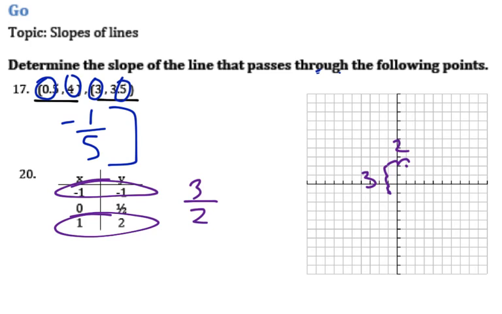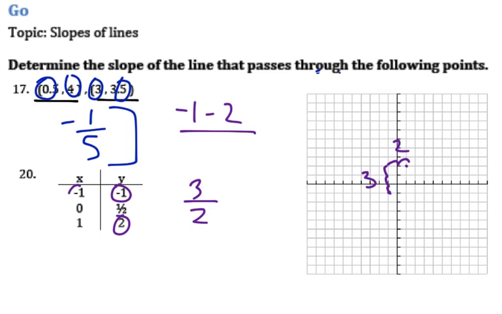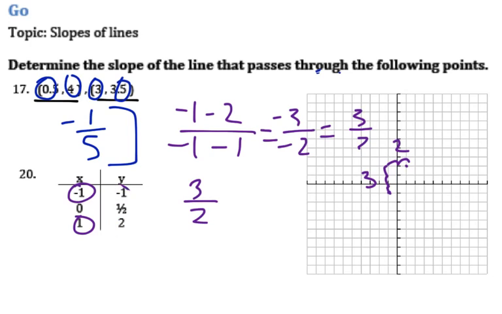That's one way to think about it. Another way would be to just pick those 2 points and take the difference in the y's, negative 1 minus 2 over negative 1 minus 1, which would get us a negative 3 over a negative 2, which simplifies to 3 over 2.